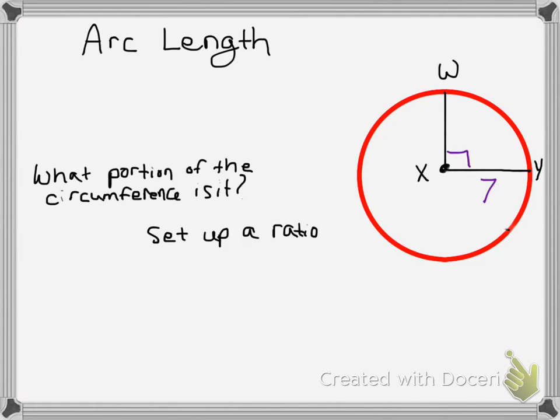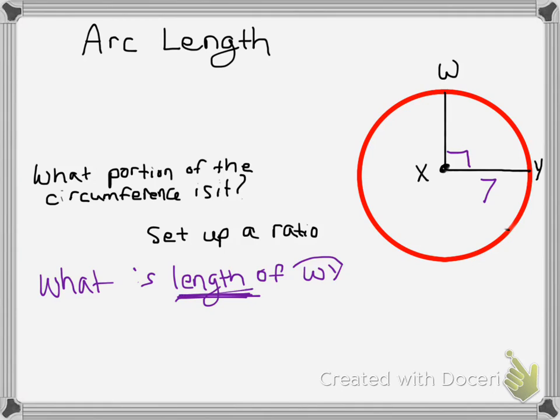The question might ask, what is the length of WY? This is not the measure. The answer is not 90 degrees. When you're asked to find the length, you have to use that unit of measure.